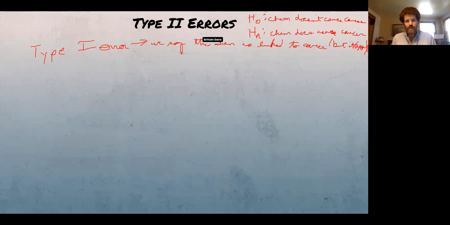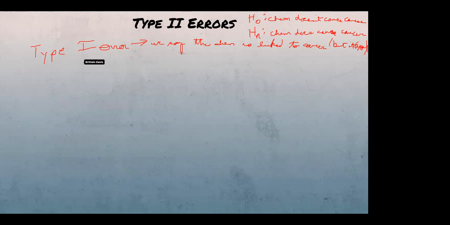So if we make this mistake, what are the consequences? We go and we announce to the world, this chemical is linked with colon cancer. It's really not, but that's what we tell the world. What are the consequences? People unnecessarily link that to colon cancer and might avoid it.